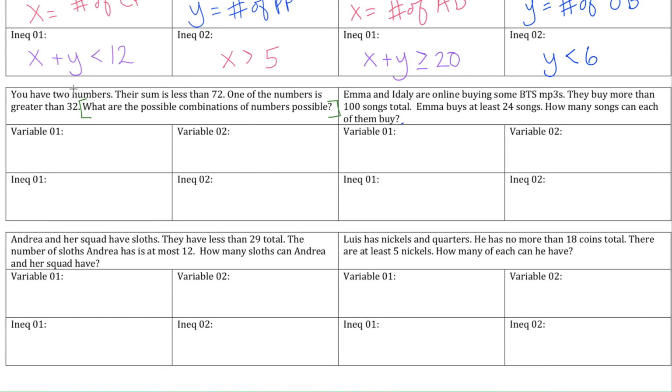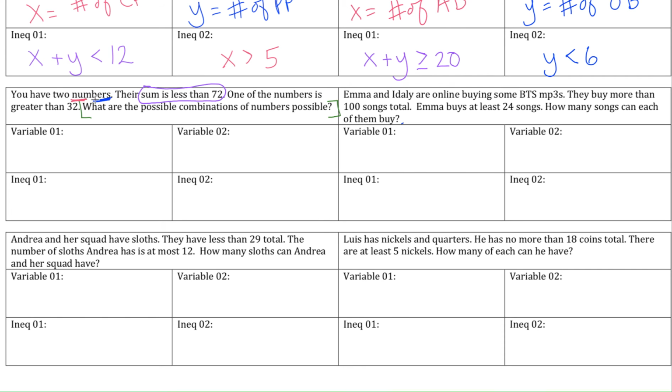So I'm going to say we have two numbers. Their sum is less than 72. Remember, a sum is when you add them together, so their total.